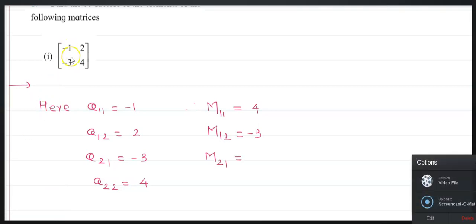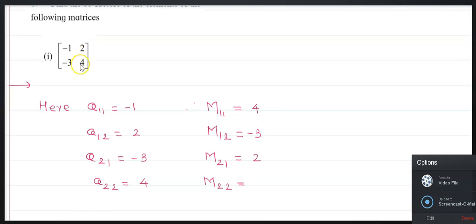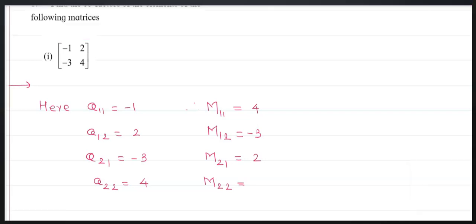To find the minor of A21, this is the element A21. Again see the upward direction and horizontal direction. Which is present there? 2 is present there. And therefore the minor is 2. For the 4, see in the upward direction, horizontally, you will get -1. And this is the answer.